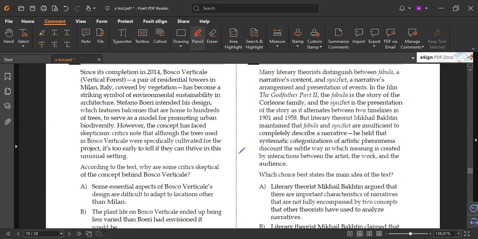Now number 10, let's answer it and then we'll finish. Here we need to find the reasons. And skeptical, like they doubt, they have a reservation about something. Let's find the reason. So while reading, find the reason.